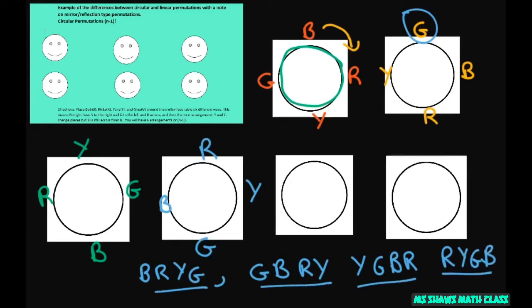So if this was linear, in a straight line, notice that you have a starting point here. So that makes it 4. But on a circle, there's no real starting point, so we have to arrange this where the arrangement is different. So that's what we're going to do.